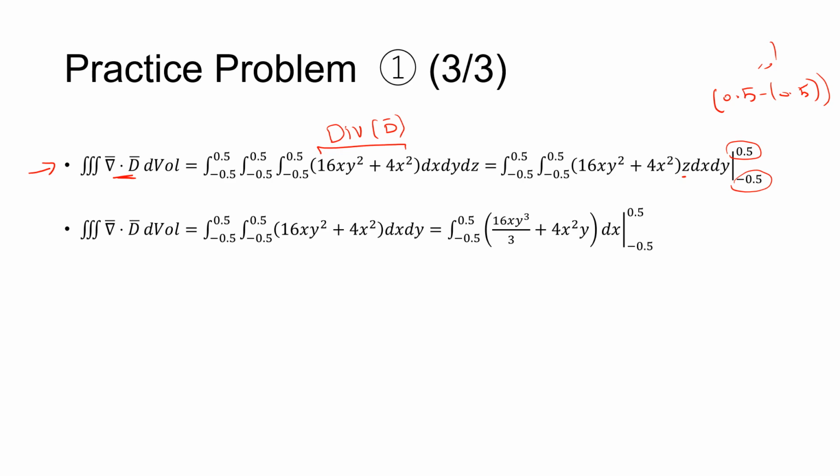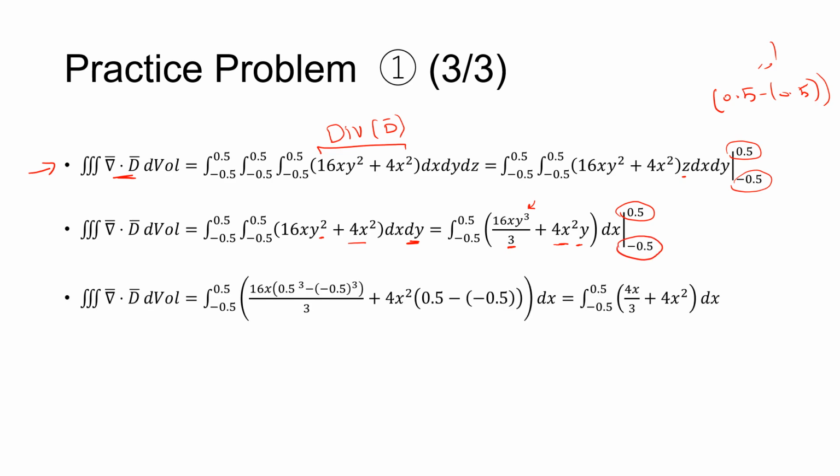So this time we are doing y. Once you do y, you have here y squared. It will result in y cubed divided by 3. For y, x squared is constant, then you have y here. Then apply the limits of the integration again, minus half and half. So simplifying this, the result will reach here. You can do the calculation yourself.